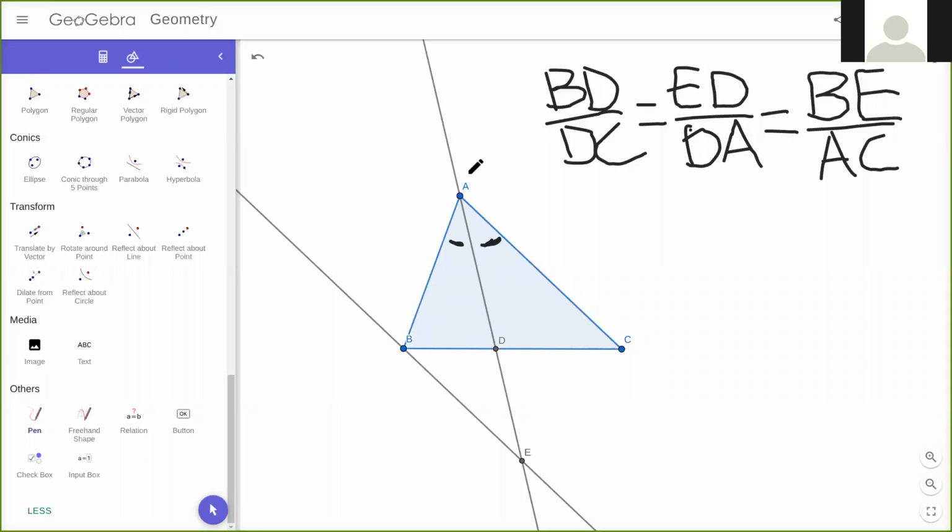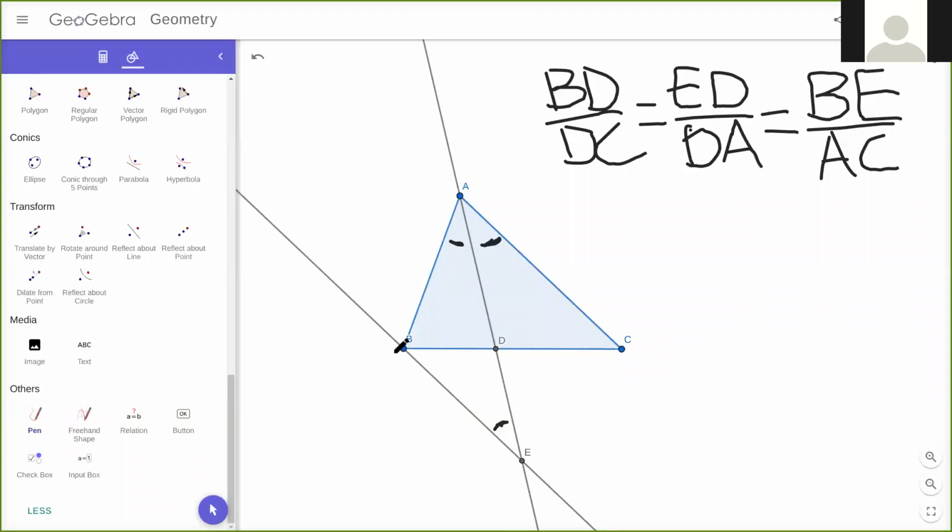Because AC is parallel to BE, this angle right here is equal to this angle right here. So now what do you notice? From the equal angles, you know that this is equal to this, and then this by parallel lines is equal to this. So then this angle is equal to this angle. BAE is equal to BEA. So BAE is an isosceles triangle.